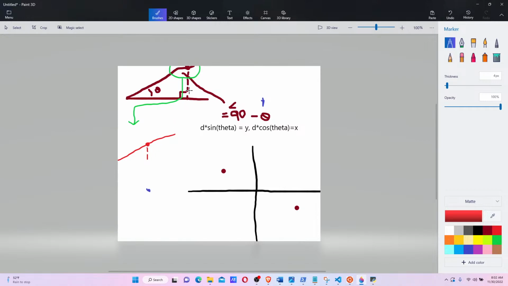This is the dotted line right here. Okay, so that means that this angle we said is 90 minus theta.